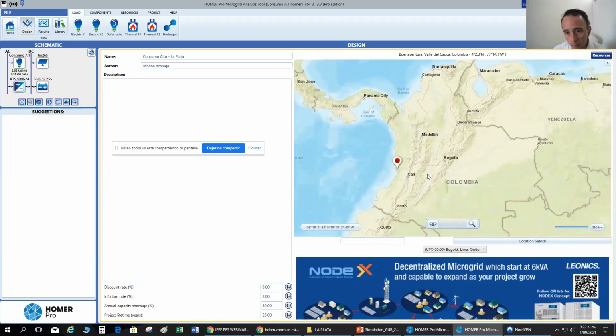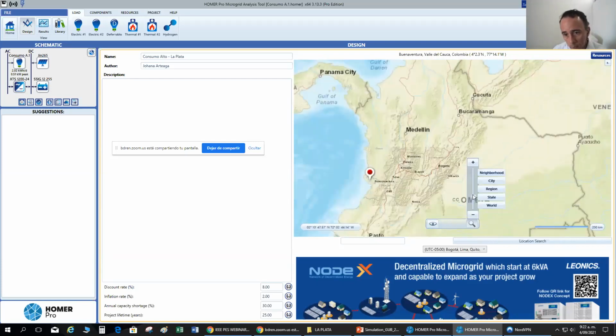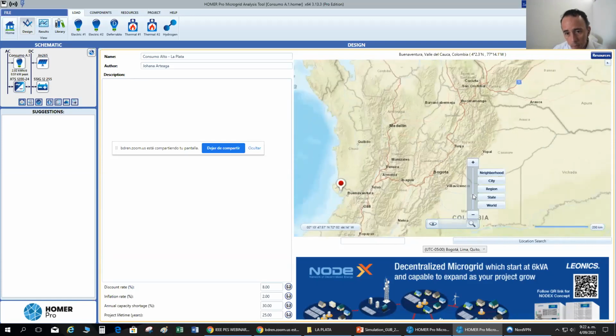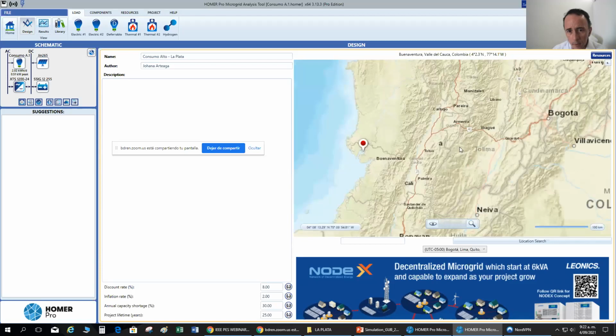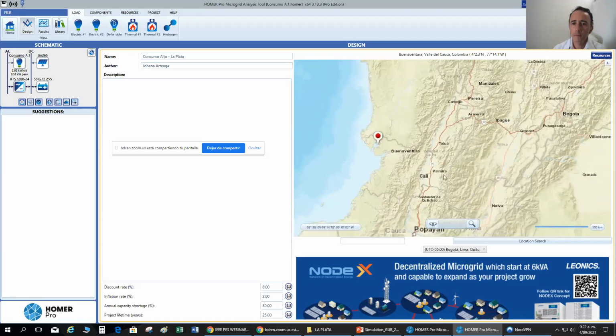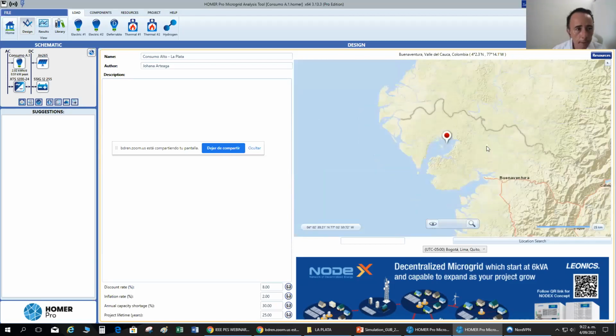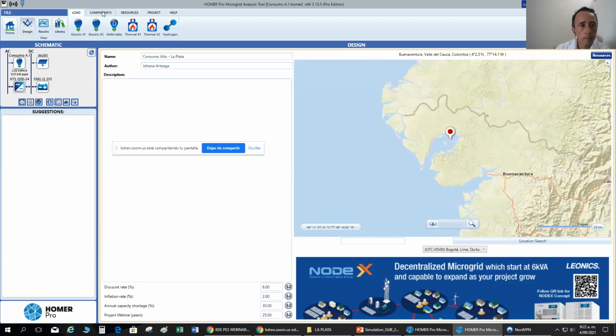In this example, we were working on a village on the Pacific coast. And in this model, first we're going to the resources. What do I need? Solar resources.